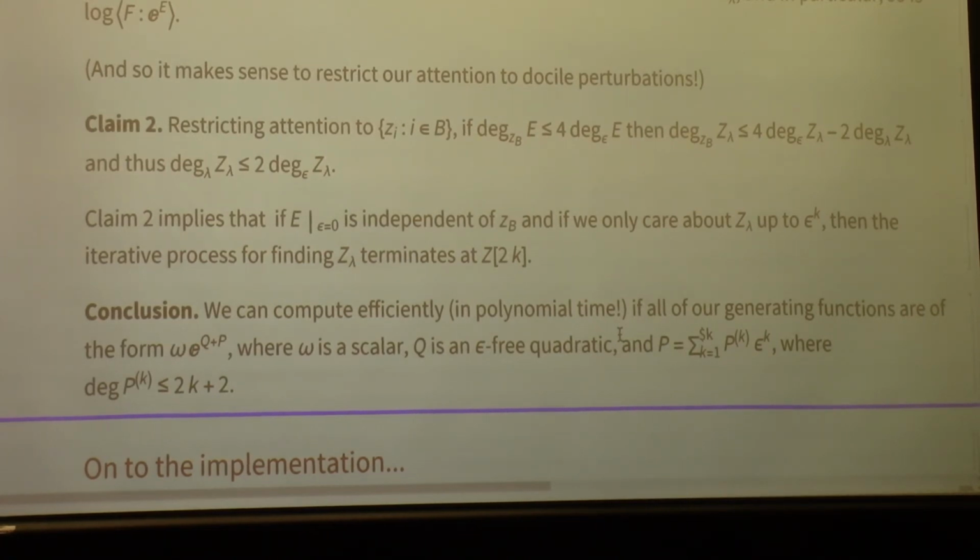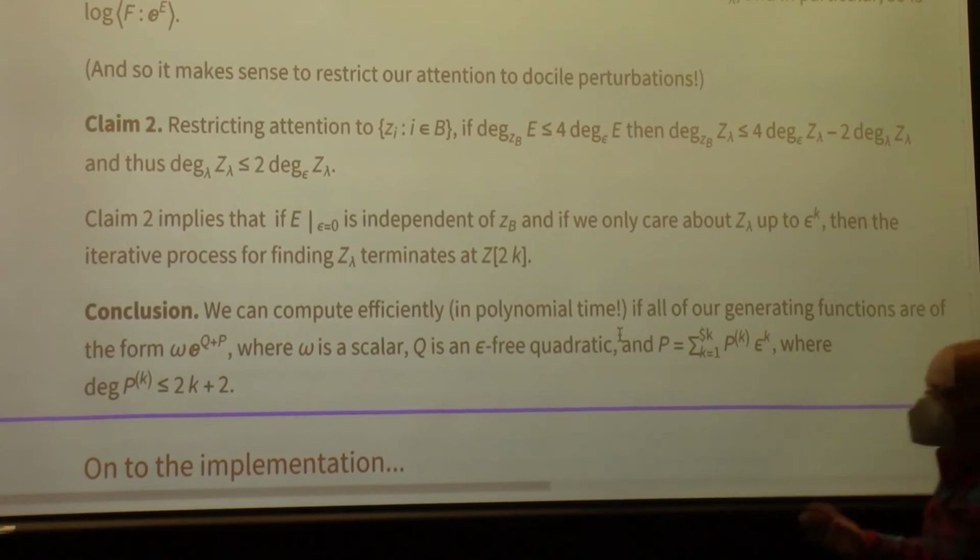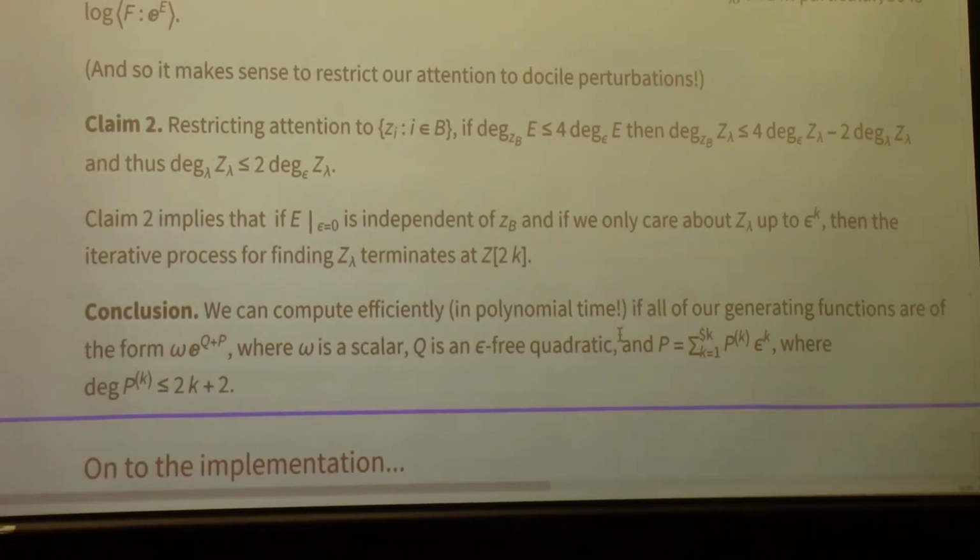So the space of polynomials, so Zm, if you look at the coefficient of epsilon to the 3 here, then it's a polynomial of degree at most 3 plus 2. So these things all live in small spaces, and differentiating them is a quick operation. So basically everything is polynomial time. Okay, again, I could be more precise, but that's not the time.